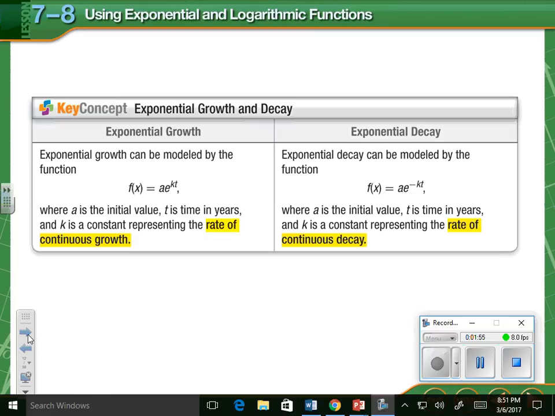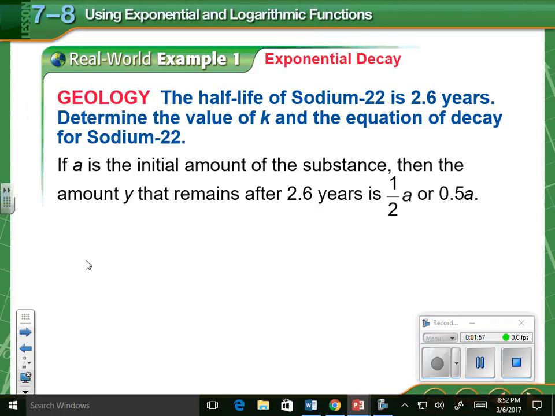So if we set up the formula, 2.6 is going to be our time in years.